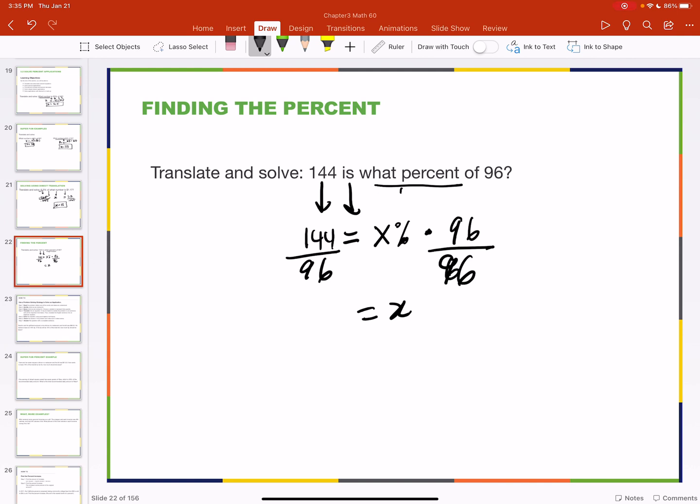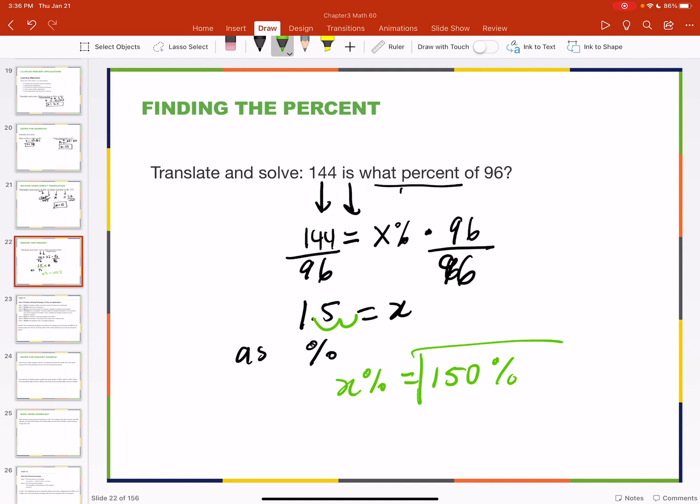So 144 divided by 96 is 1.5. But then as a percent, we need to change it, moving 2 spaces. So x as a percent is 150%. You can just leave it like that.